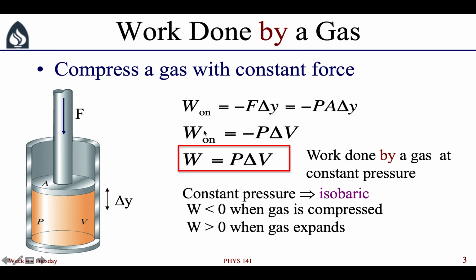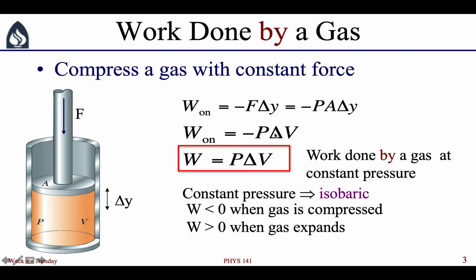We know that we're doing positive work on the gas because the force and the displacement are in the same direction, and also we're adding energy to the gas. We're squishing it into a smaller volume, and so the gas molecules are going to bump into each other more and have more energy. So the volume is shrinking.